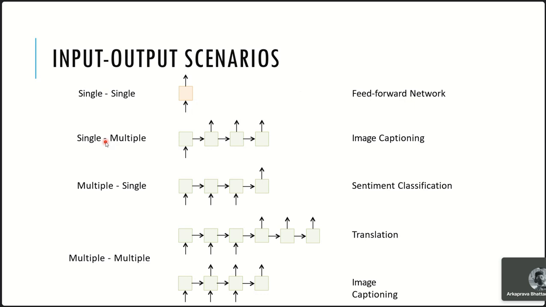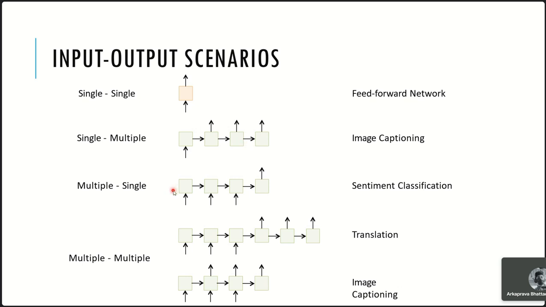If you have a single input and multiple outputs, for example you feed in an image and describe that image in the form of a sentence or a phrase, it is called image captioning, where each of these multiple cells generates each word in that sentence.